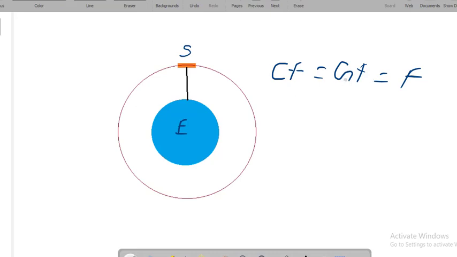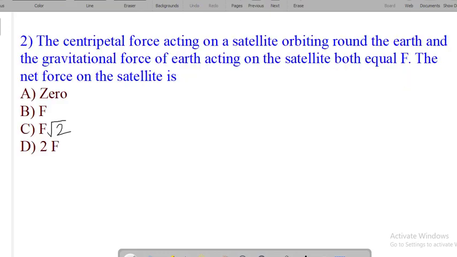If there is no gravitational force there is no centripetal force, and if there is no centripetal force, the satellite won't move in the circular path. So in this case we conclude that the net force acting on the satellite is F, which is the centripetal force and which is provided by the gravitational force of attraction. So the answer is B, which is F.